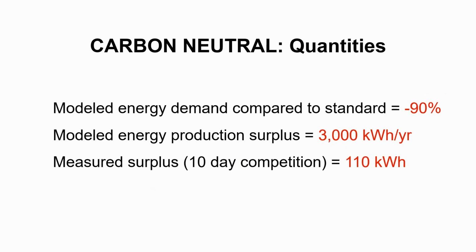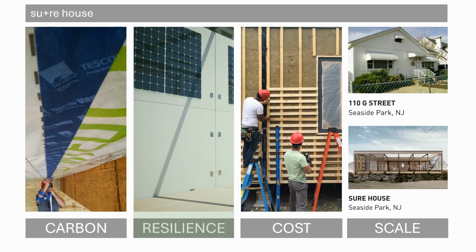So for our carbon neutrality, we had modeled a very low energy demand, less than 90%, or about 10% of the comparable code designed house, and a modeled energy production of over 3,000 kilowatt hours per year. Measured at the competition and in Hoboken, we had a surplus as we had thought. So we had quantities and we had measurements.